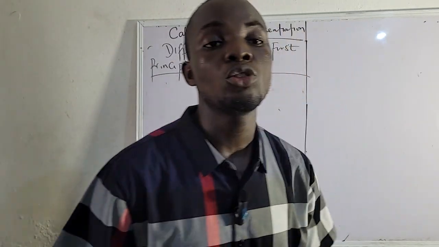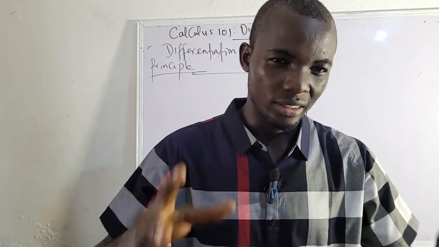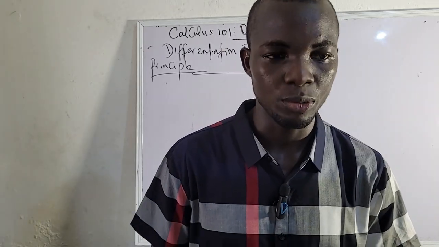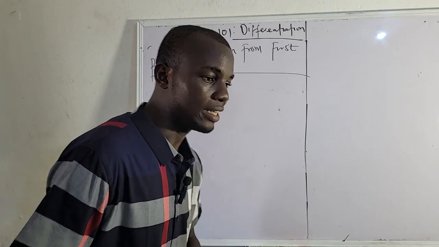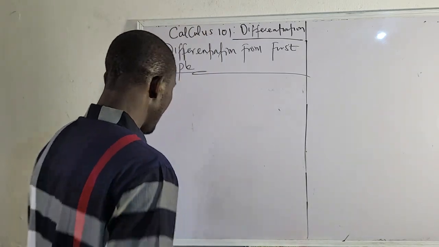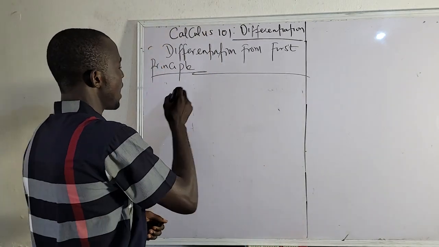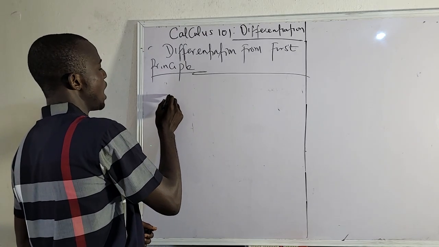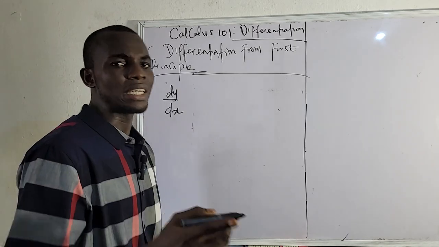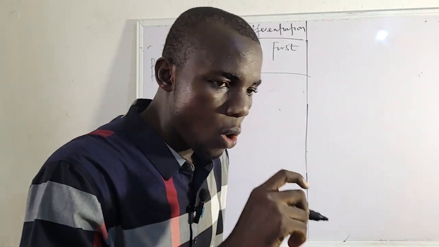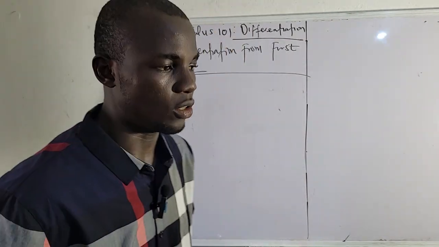So we want to continue with differentiation from first principle. Remember from the last lesson I shared, we have that dy over dx equals the gradient of the line tangent to the curve.